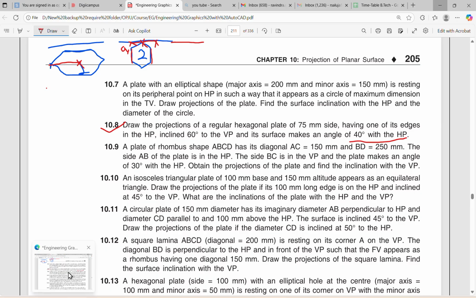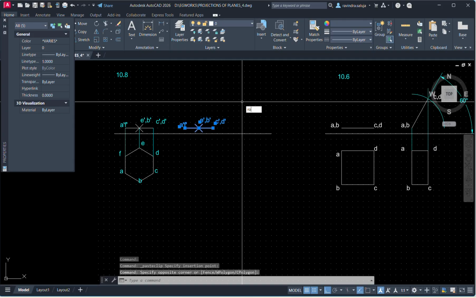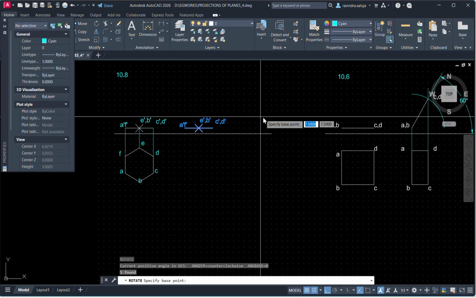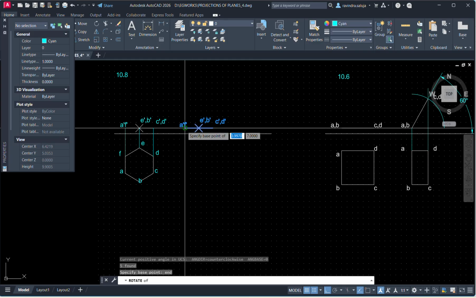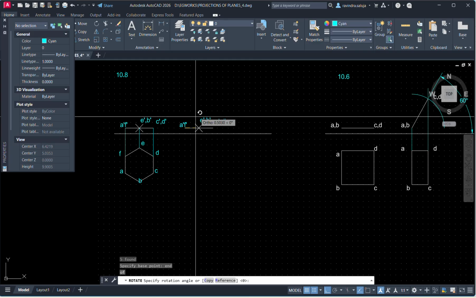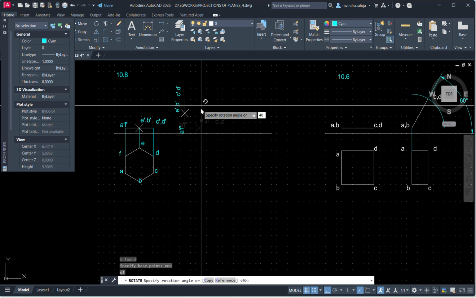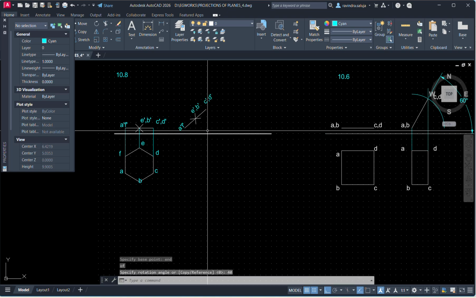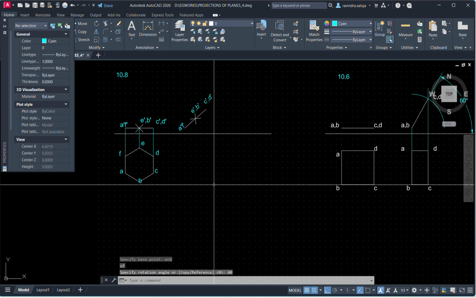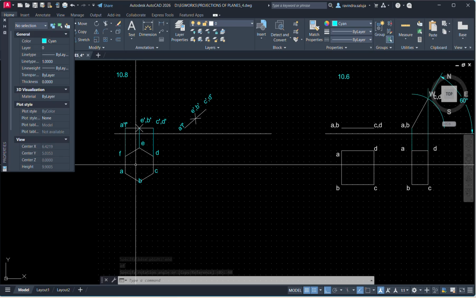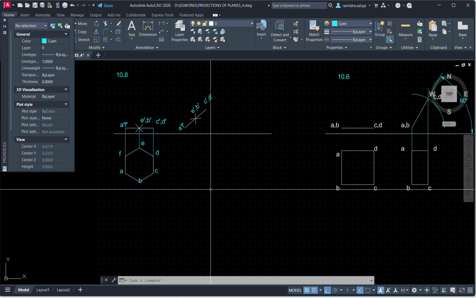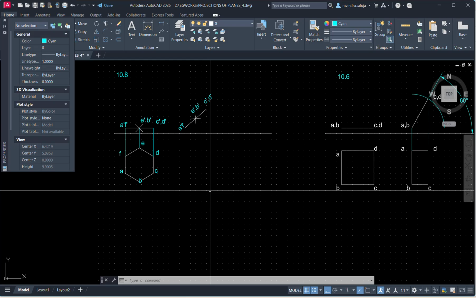Inclination is given how much? 40 degrees. So just rotate this line considering this as a base. How much? 40 degrees. Okay. Now you have to transfer all the points from this side and then this side, and this intersection point you need to join, so you will get the apparent hexagonal plate.